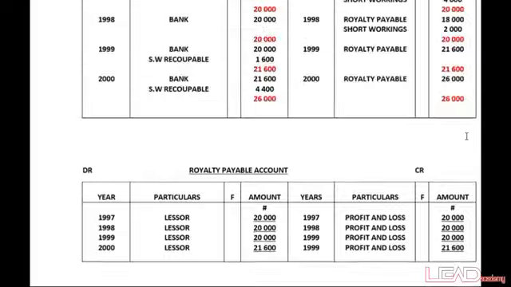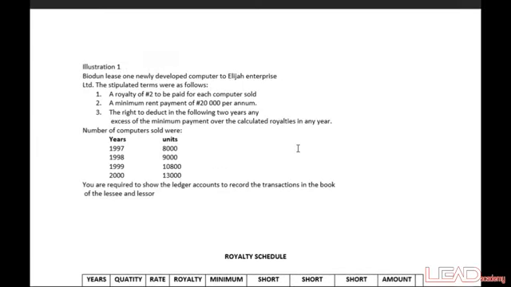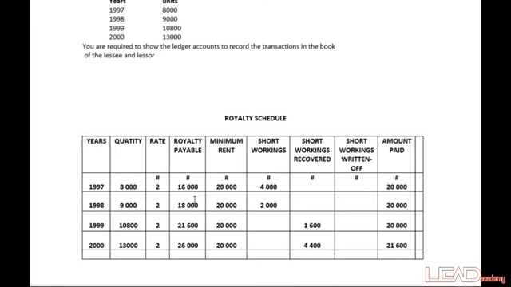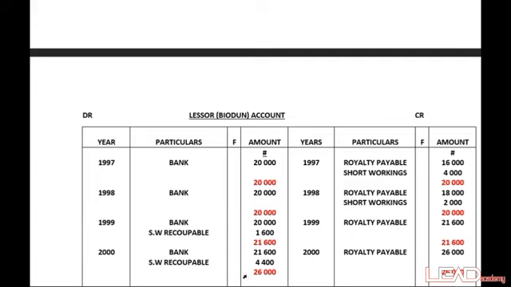Now we are done with the account of the lessee. So the next thing to do now is to prepare the account of the lessor. Now to prepare the account of the lessor, you're just going to do the opposite of what we did in the account of the lessee, which means that we have acted on behalf of Elijah Enterprise.